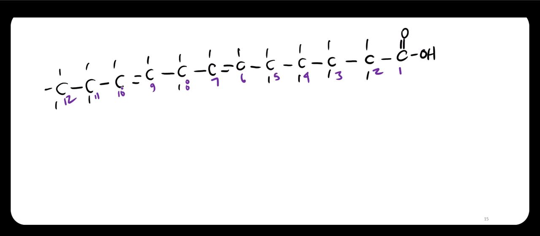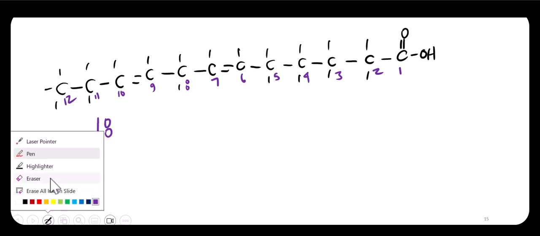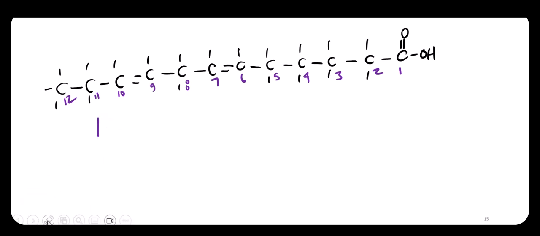So here's how my delta classification is going to work. My first number is going to be the number of carbons. 12. I was thinking 18, but I ran out of room. So it's going to be 12 carbons. Second number is going to be the number of double bonds.